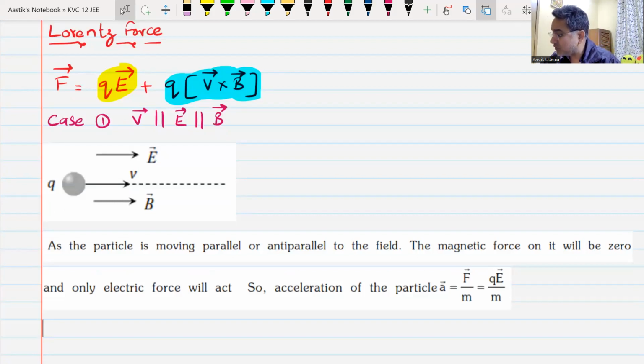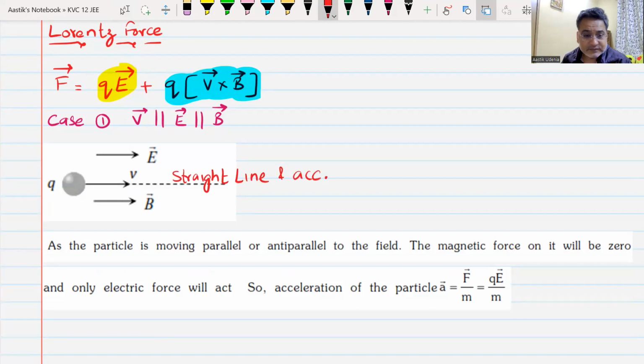The motion will be in a straight line and it will be accelerated. Do we understand this? Yes, sir. So the particle will move in a straight line and its speed will keep on changing.